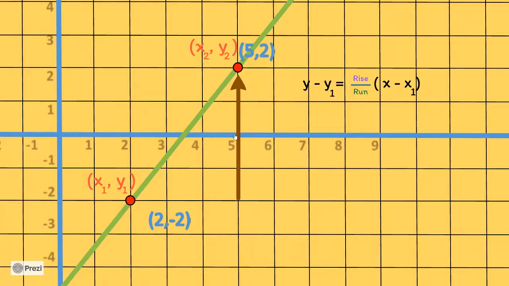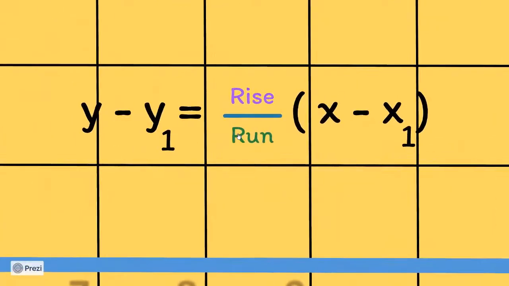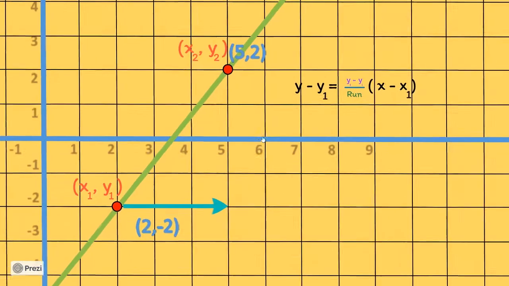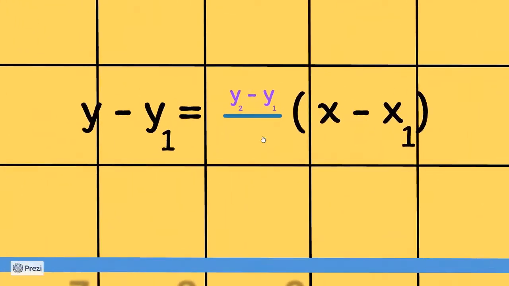So the rise is y2 minus y1. What about the run? Run is the difference between the x coordinates. The x coordinate of this point is x2, and the x coordinate of this point is x1. So the run is x2 minus x1.